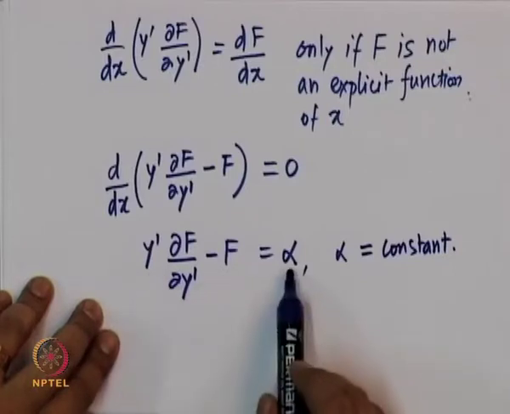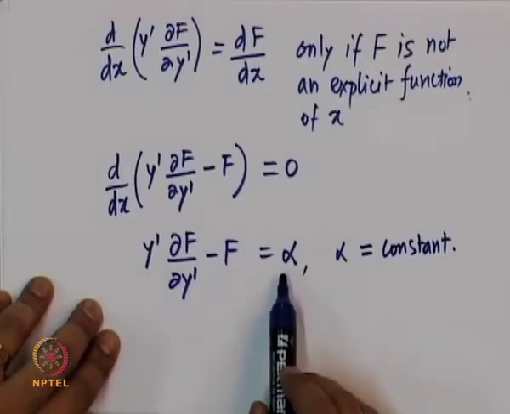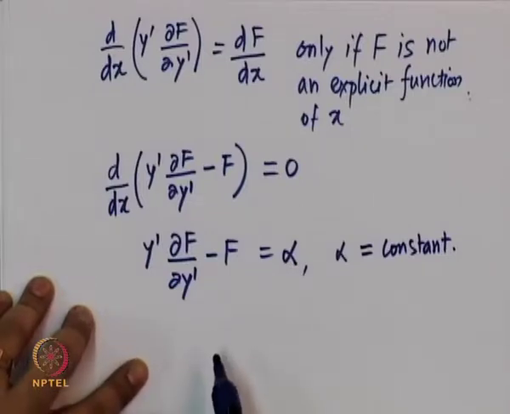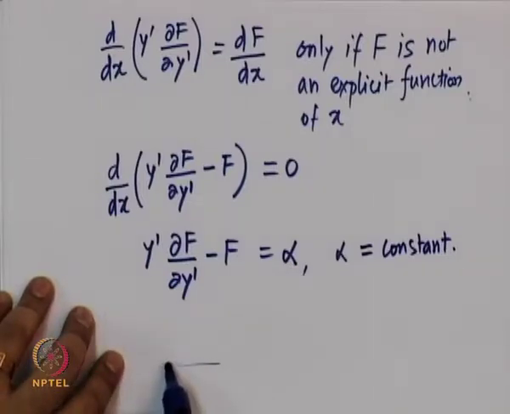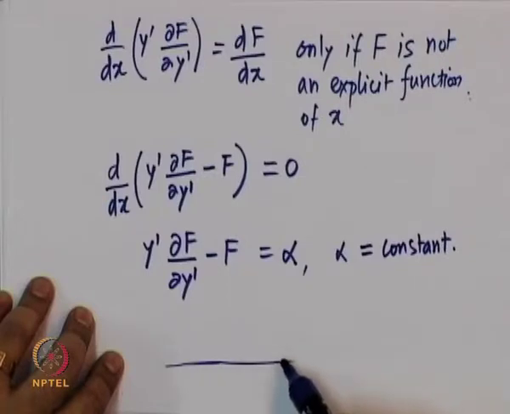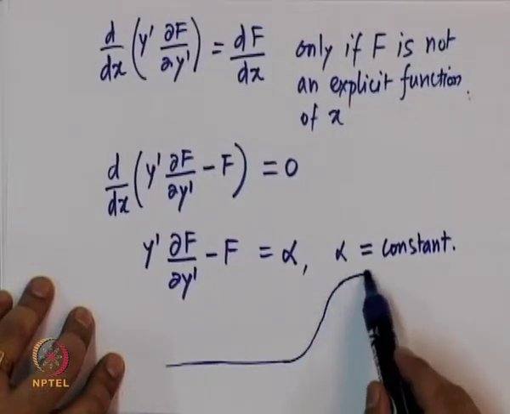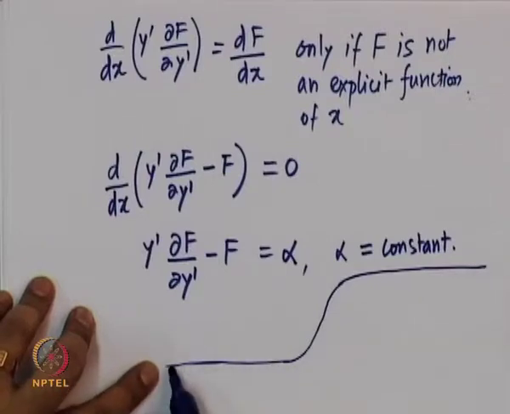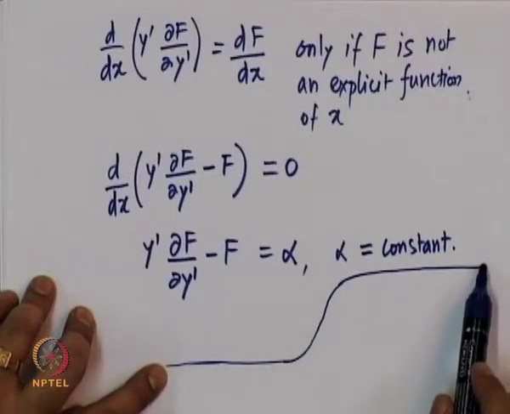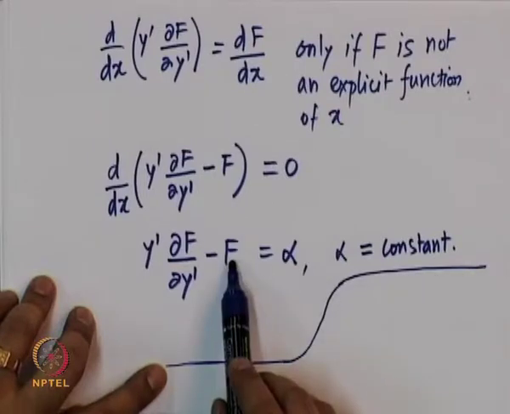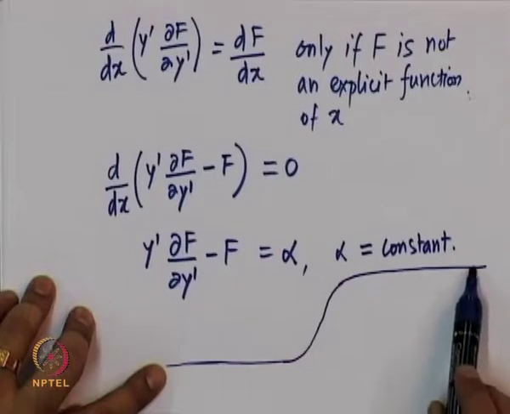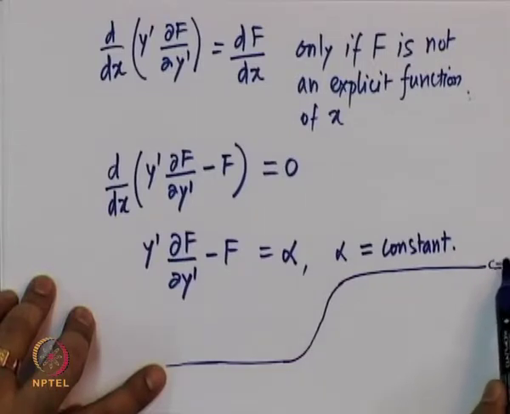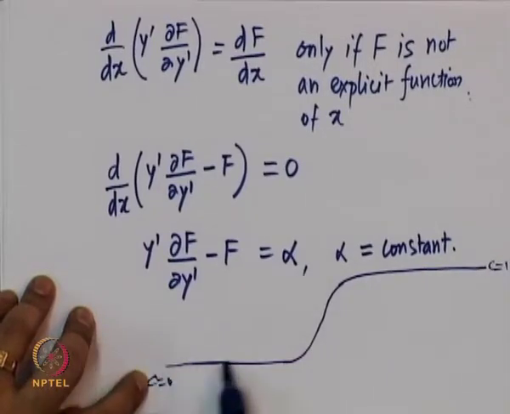Now, this constant alpha should be 0, because remember the scenario that we are looking at. So, I have this quantity, the composition profile, which is like this. So, at the extremes, because f consists of f0 and dc/dx, both are 0, because this goes to 1, this goes to 0. So, there are no gradients.